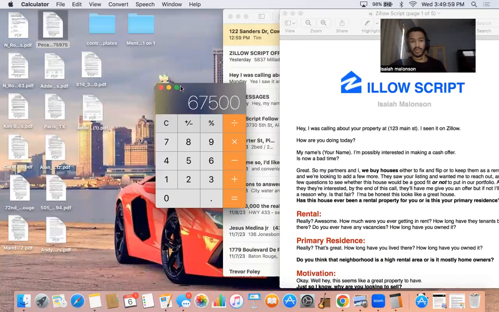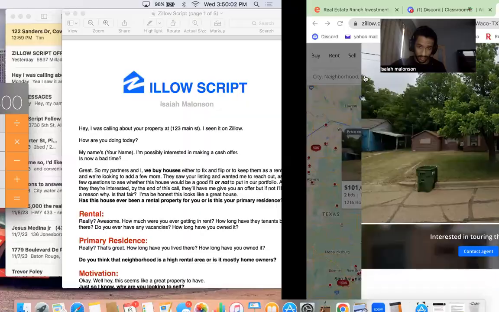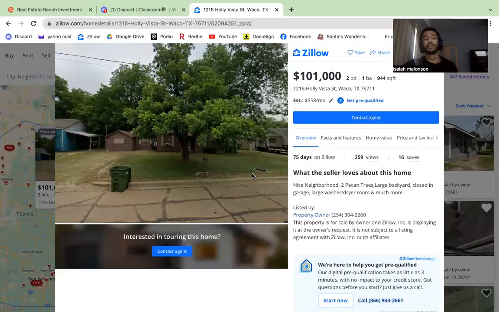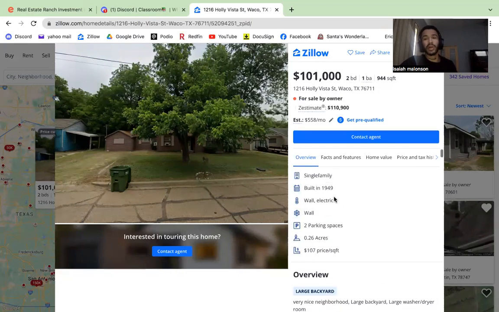Yeah, I'd offer probably something around 67.5 or 70K. Yeah, that's what I'd probably do. Let's say it didn't need too much work and it's livable, I'd offer like 85 to 90K. But if it needed a ton of work and it needs a new roof and there's foundation issues, I'd probably offer around 60 to 70K, right?